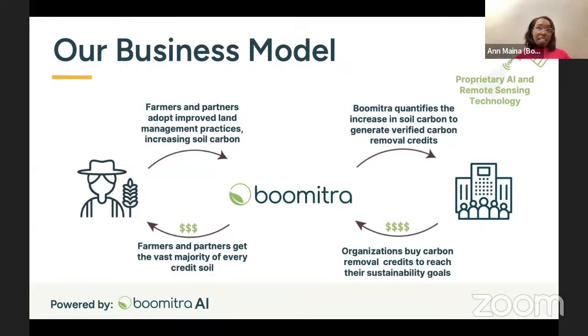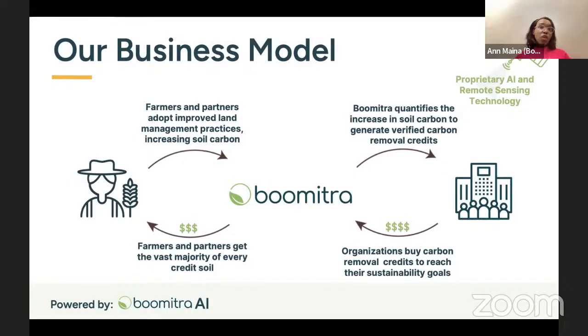We do work with partners, and partners would be organizations that are trusted by the farmers, organizations that know where the farmers are, and organizations that are also able to bring that behavioral change to help the farmers adapt these practices. At the moment in Kenya, we are working with organizations like Yara, who have a regenerative agriculture program, and they've been working with farmers for a while now to help them adapt better practices, the practices that I had initially mentioned.